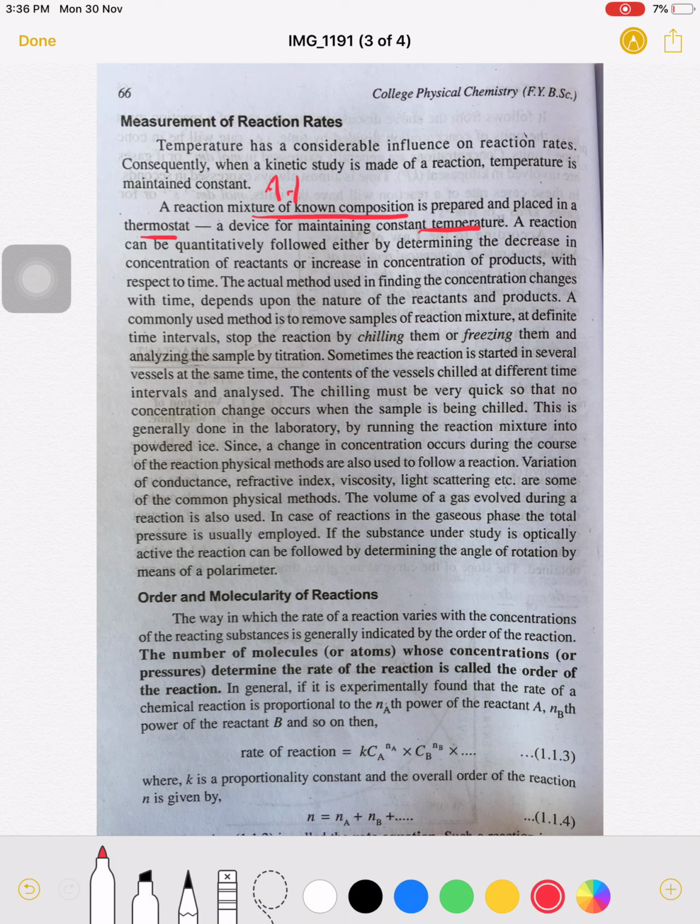Suppose A is a reactant and B is a reactant. When both these reactants are kept in a thermostat, after 10 minutes or after a certain time, the temperature of both these beakers or flasks becomes constant. Therefore they are put into the thermostat instrument.